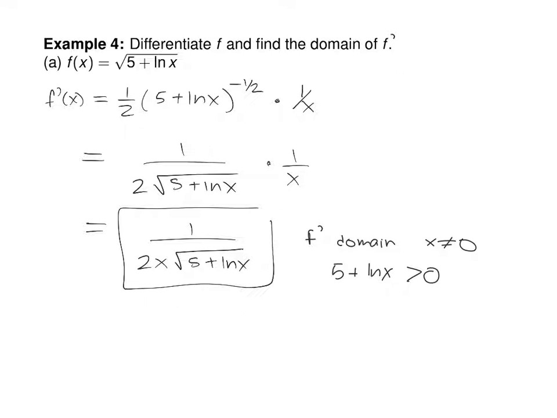The whole reason there's no equal to is because that expression's in a denominator. Okay, so then solve that. We have ln of x is greater than negative 5. And how do you undo the ln? E it. So x must be bigger than e to the negative fifth, which is the same thing as 1 over e to the fifth, right?